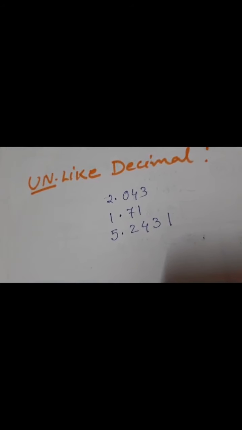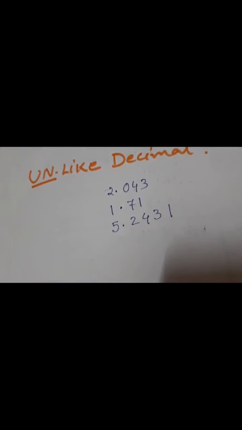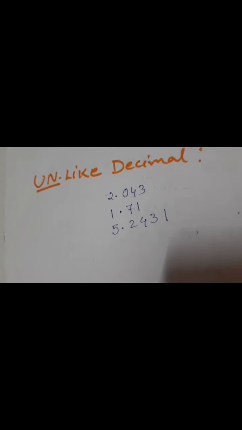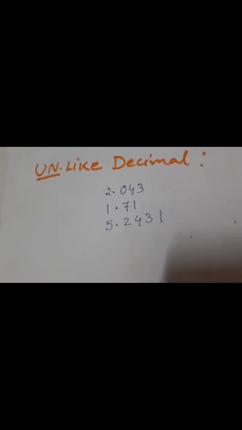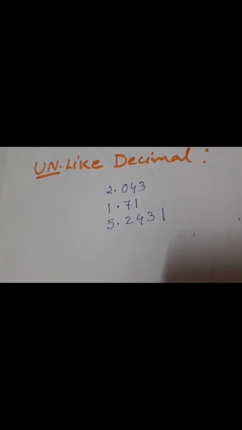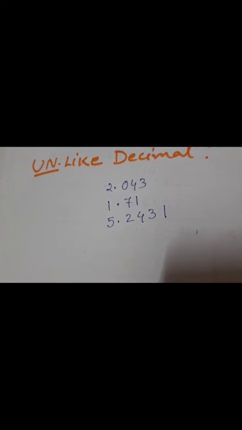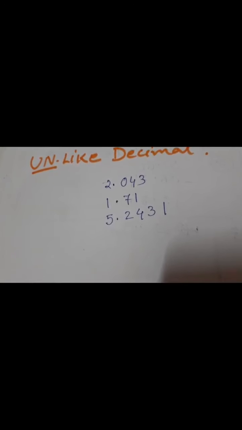And in the third one, 5.2431, there are 4 decimal places. So the decimal places are different for these 3 given decimal numbers, so we can say these decimals are unlike decimals.